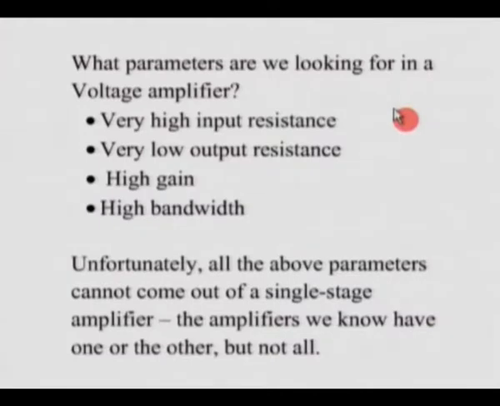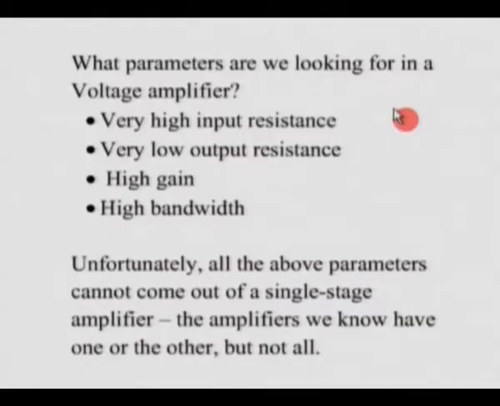We also saw that a voltage amplifier must have very low output resistance. We saw the reason yesterday. This is because the voltage amplifier is a voltage controlled voltage source. In a voltage source, if we use the Thevenin representation, we have an open circuit voltage in series with a resistance.